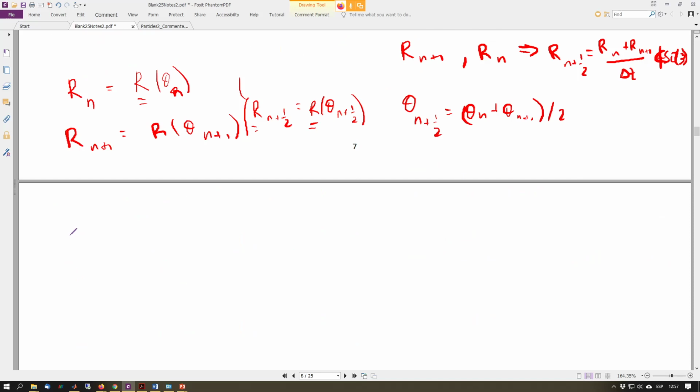Given a body that rotates and goes to another orientation, there is a fixed axis and how much it rotates around this axis would be theta.